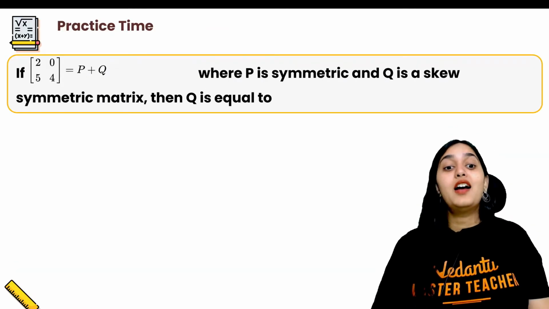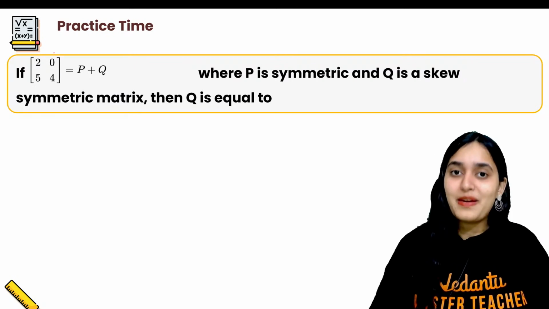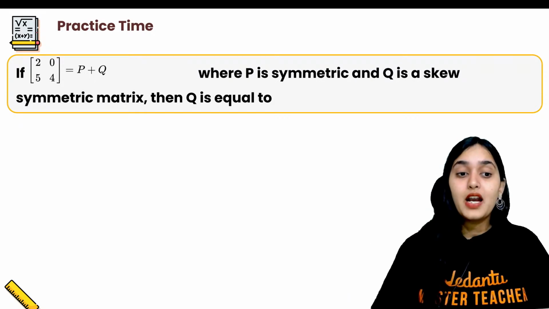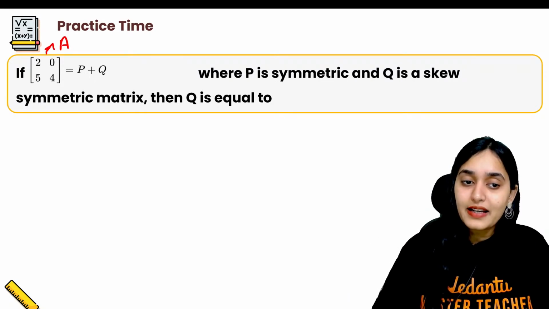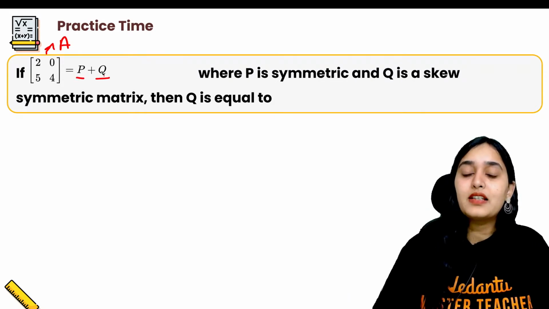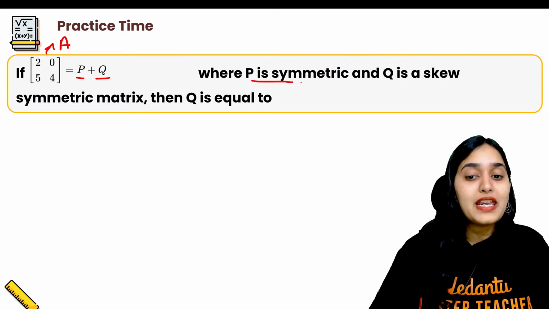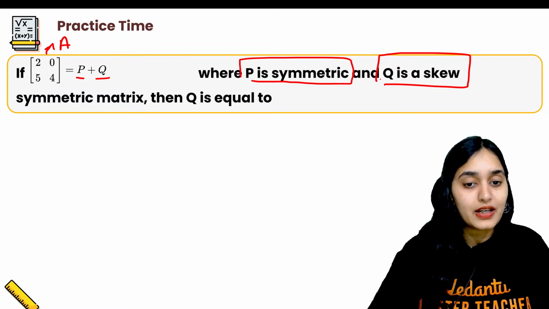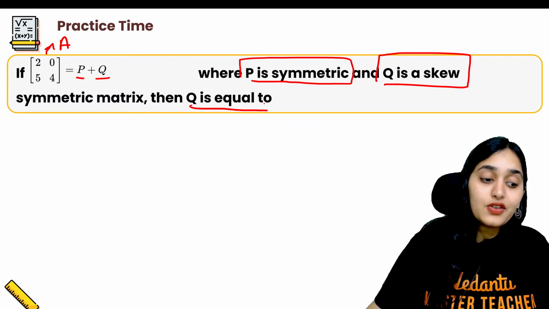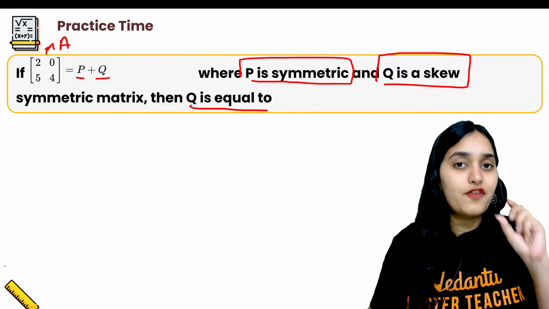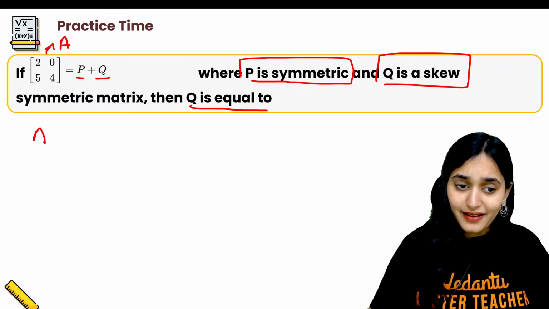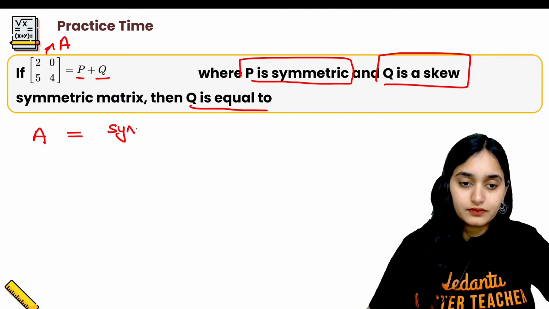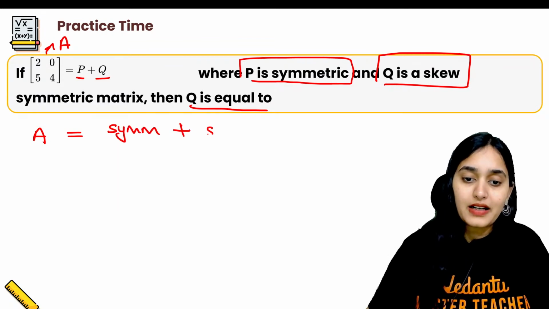Okay. Now, a question based on this concept. Suppose they are saying that I have a matrix A equal to P plus Q matrix, where P is symmetric and Q is skew symmetric. Then what is Q equal to? Just now I have told you the formula.